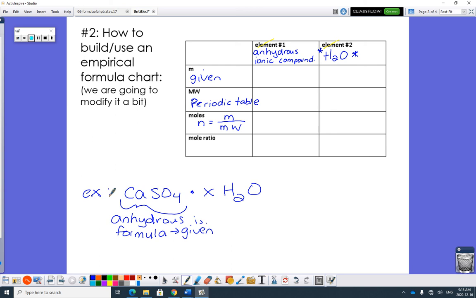This is just an example, sorry. So you'll be given the anhydrous formula to find the molecular weight. You don't have to worry about doing like a crisscross rule and stuff like that.